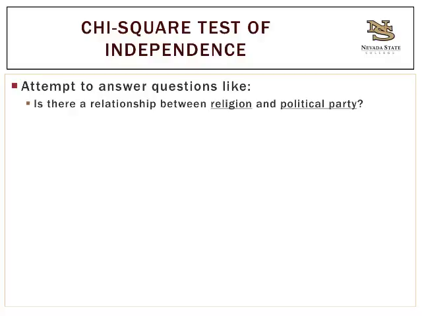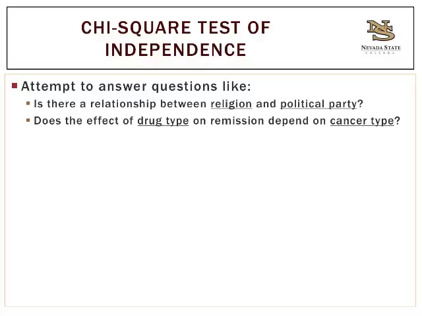We can also attempt to answer questions such as, does the effect of drug type on remission depend on cancer type? So now we're looking to see if something like a type of drug and whether it works depends on the kind of cancer that a person might have. You may have 2 different types of drugs. One works in one way, one works in another way.